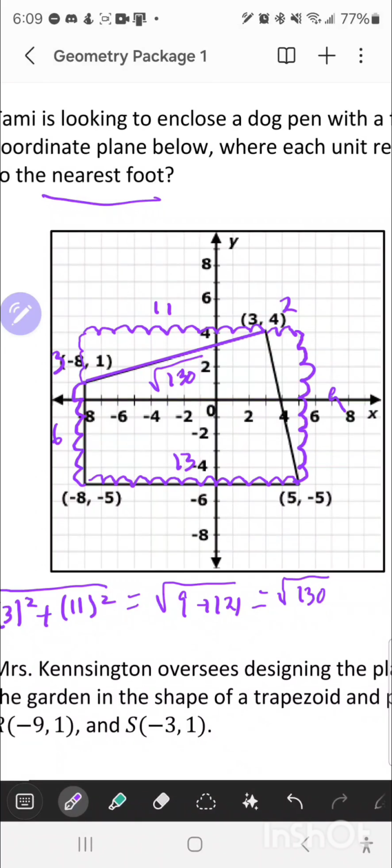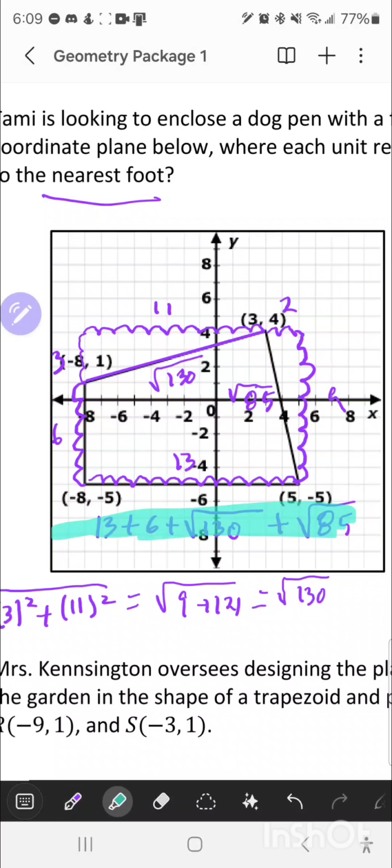Now to calculate the perimeter, we just need to add the sides: 13 plus 6 plus the square root of 130 plus the square root of 85. Those were the measurements of the sides of the quadrilateral.